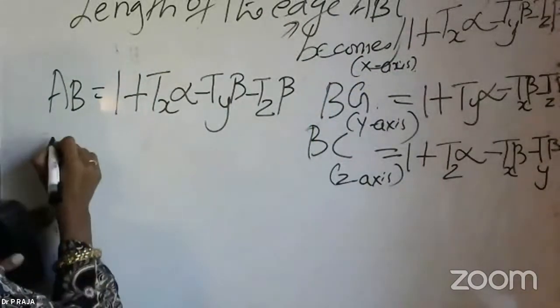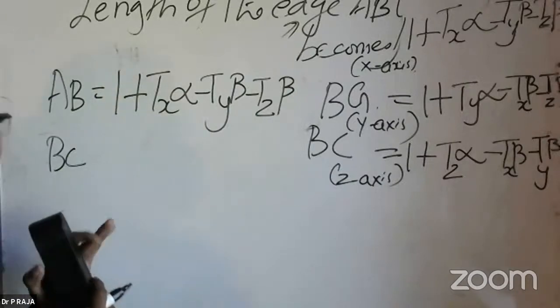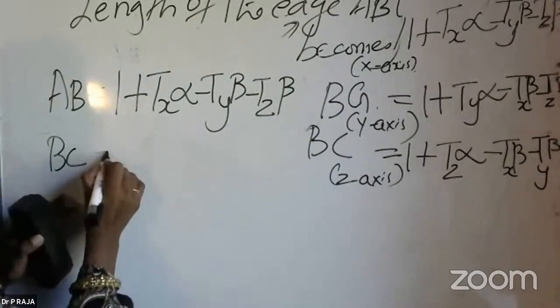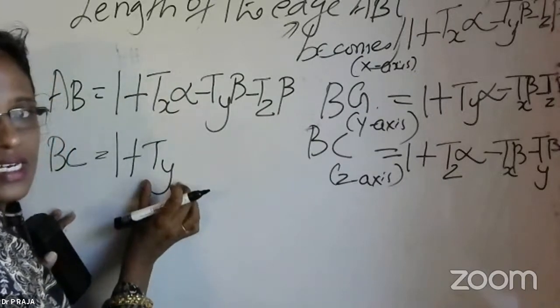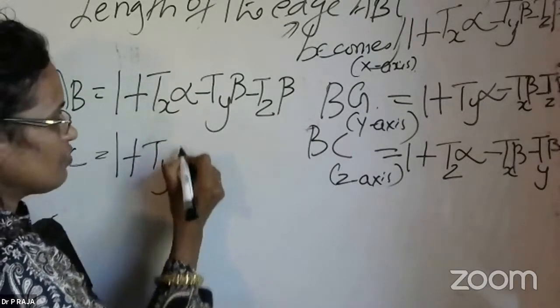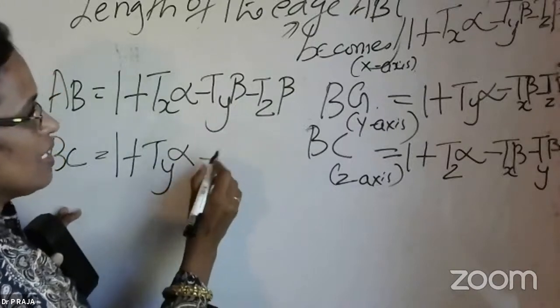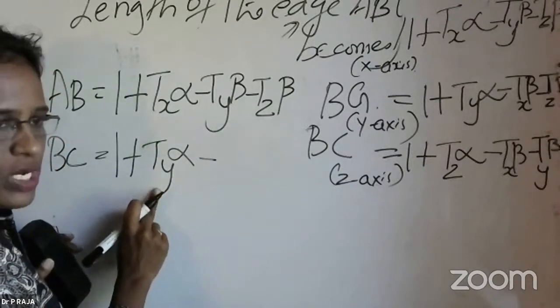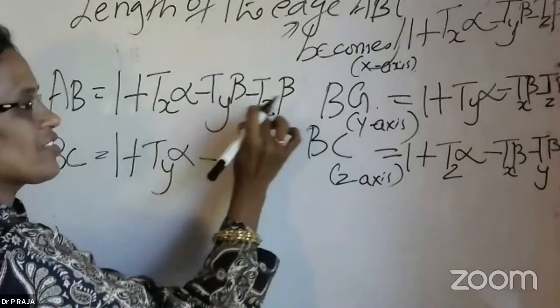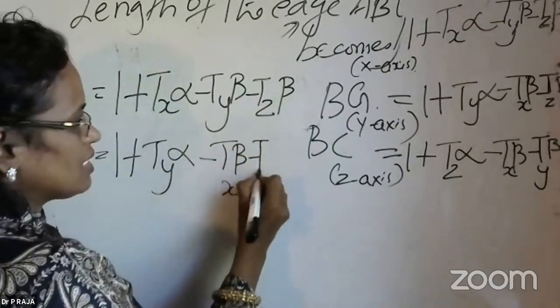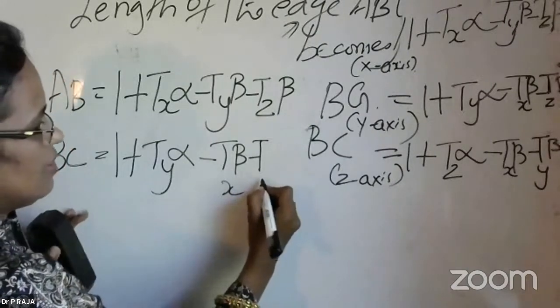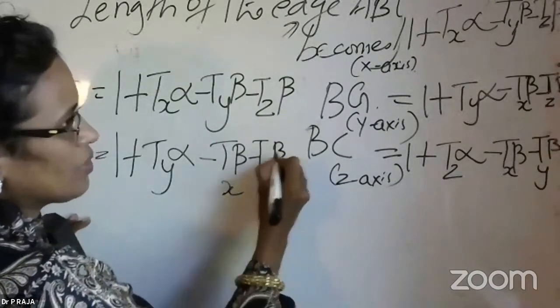Now similarly for BG, which is going to be the Y axis, it's going to be 1 plus TY alpha. There is an elongation along the Y side, and if there is an elongation on Y, there will be a contraction along the X and Z directions, minus TX beta minus TZ beta.